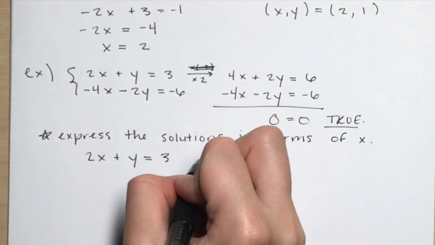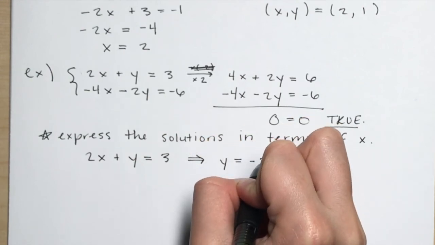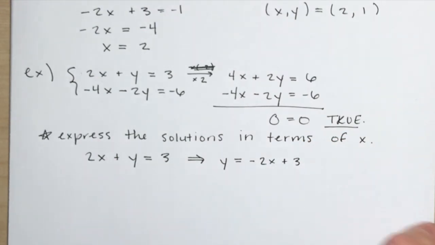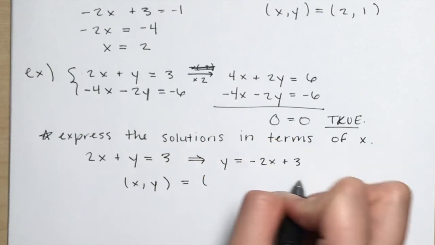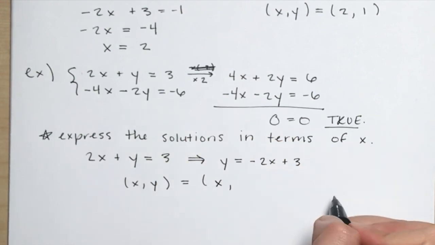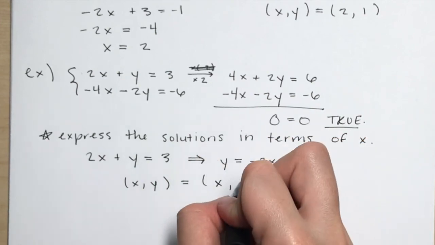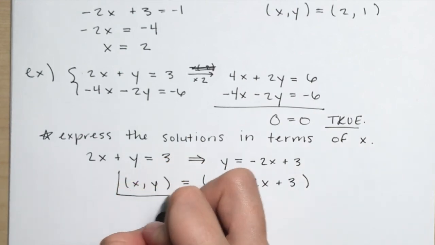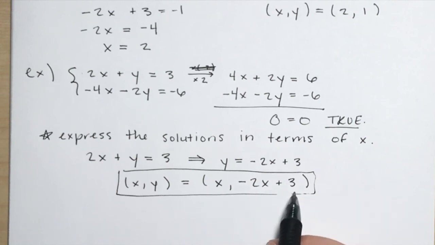So if I have this, that means that y equals, we can bring that 2x over. So we know that our solution is (x, y) equals, we know x can be whatever, and we know y is equal to negative 2x plus 3. So this is my answer. So this tells us all of the solutions in terms of x.